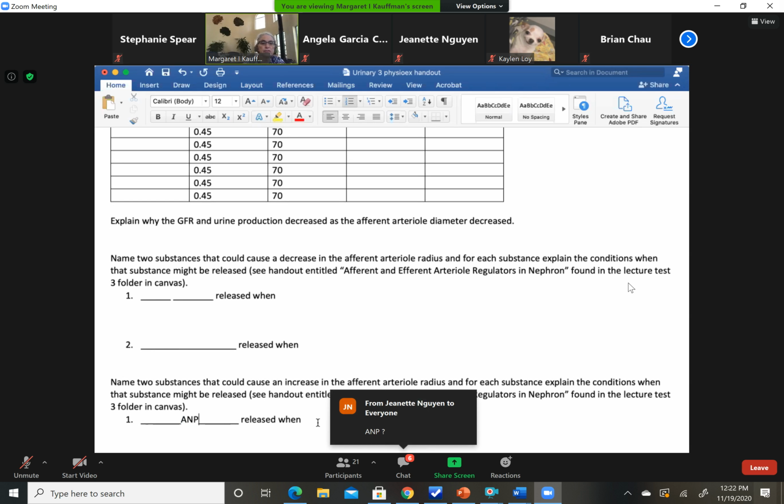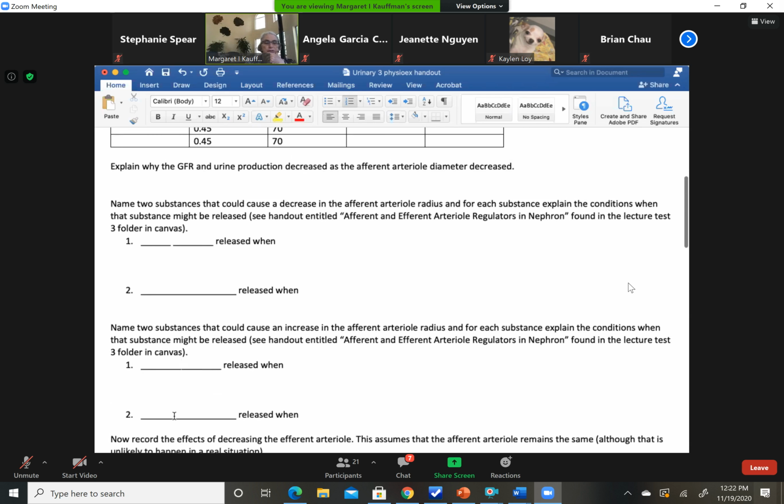And this is released when blood pressure is very high and you're trying to cause an increase in glomerular filtration rate, increase in loss of fluid into your urine to bring your mean arterial pressure down. How about intrinsically? What could we put for that? PGE2.